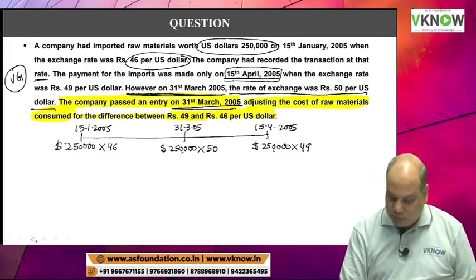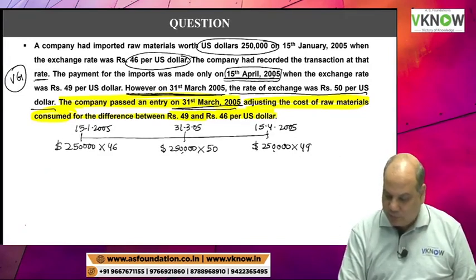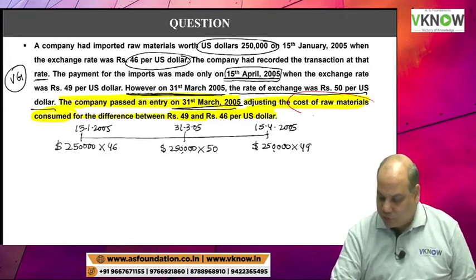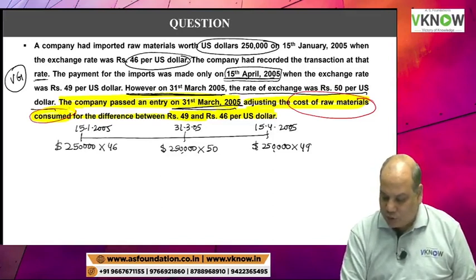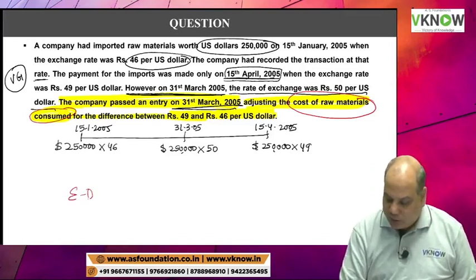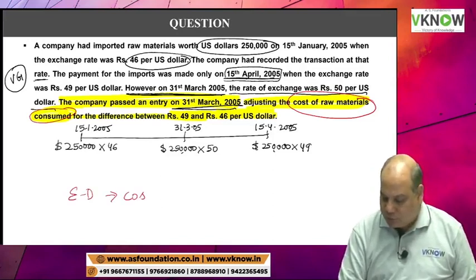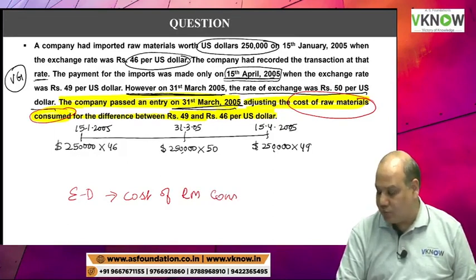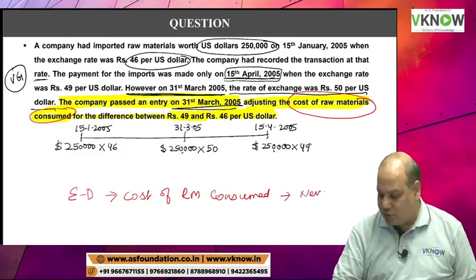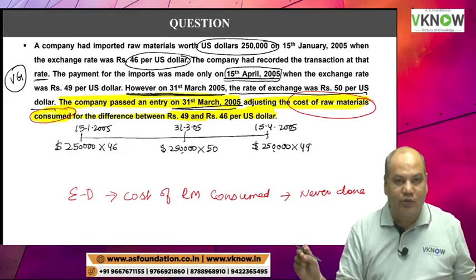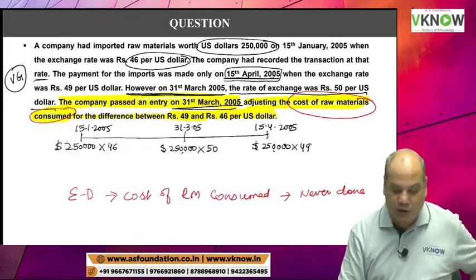So this company has made two blunders. First of all, they have transferred the exchange difference to cost of raw material consumed. This is never done, but the company has adjusted the exchange difference in cost of raw material consumed.